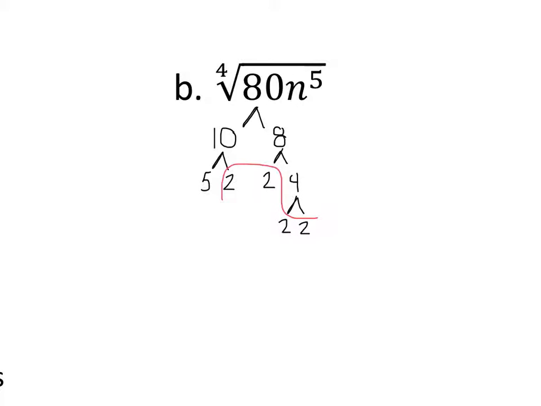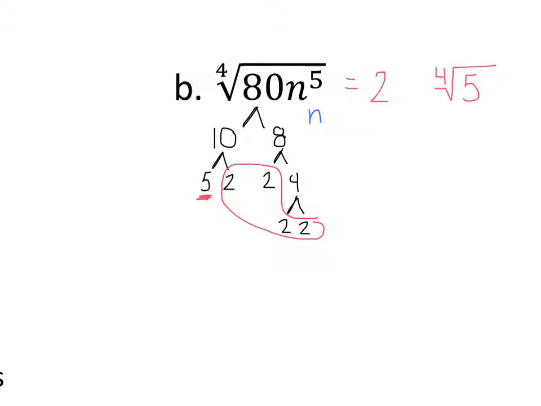Looking for sets of 4. You have two sets of 2s. So 2 comes out, and then we still have 4th root of 5. And then we have to deal with our n. You just have 4, so you bring one out and one will stay in.